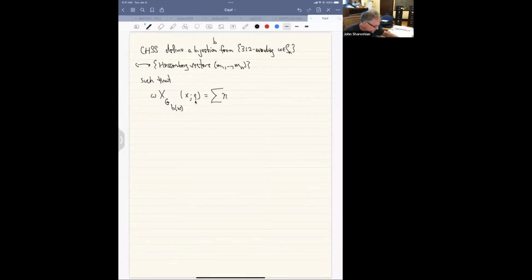So this is some Greek letter. This sum is over all partitions lambda of n. And now I'm going to take this Kazhdan-Lusztig basis element, and it got normalized by dividing by a power of q, and I'm going to unnormalize it. So this Kazhdan-Lusztig basis element is nothing but the sum of all the standard basis elements over v's that live below w in the Bruhat order and weighted by these Kazhdan-Lusztig polynomials.